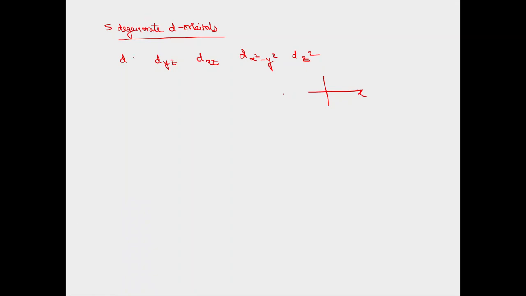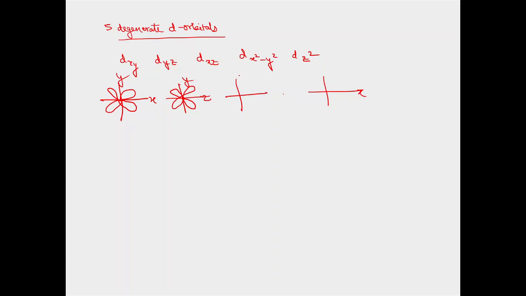Okay. So dxy, dyz and dxz orbitals, we know, lie between the axes, right? If this is x and y, then the dxy orbital will be present like this. If this is the yz axis, then dyz will be somewhat like this.